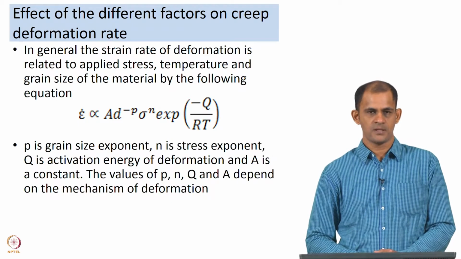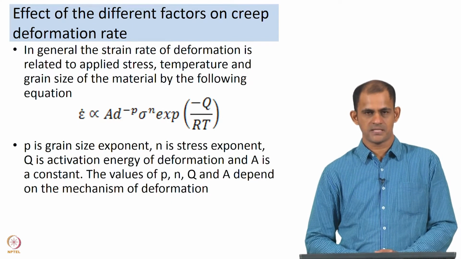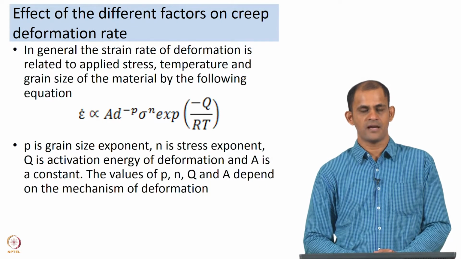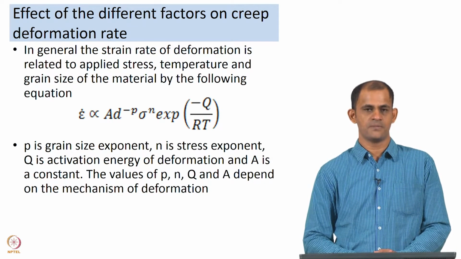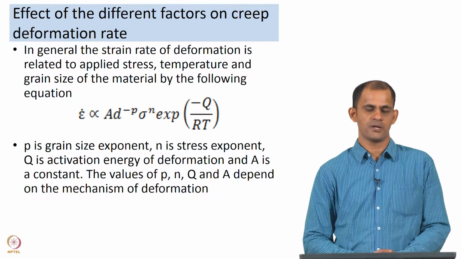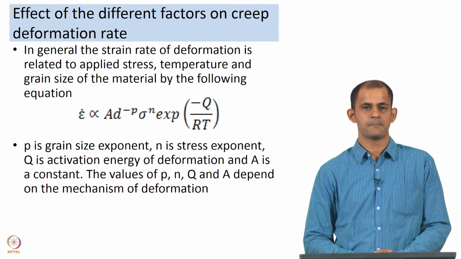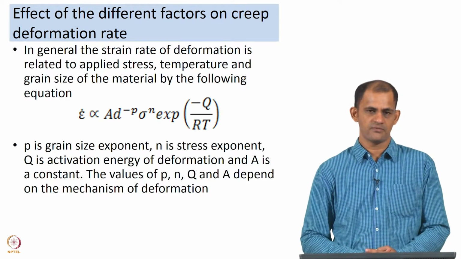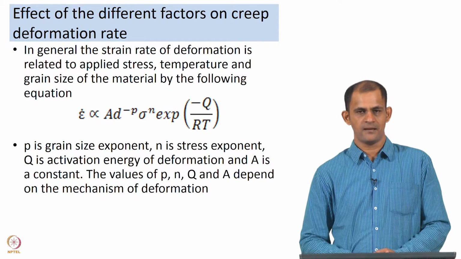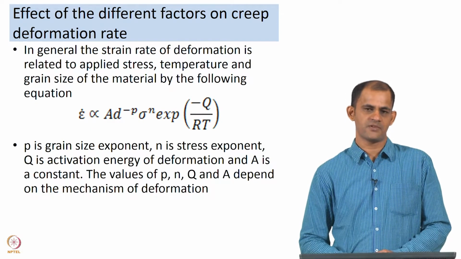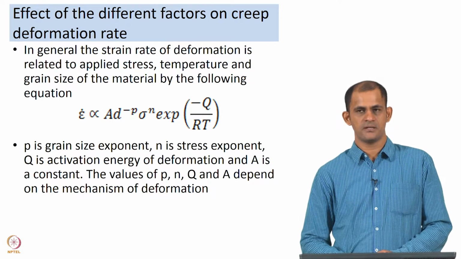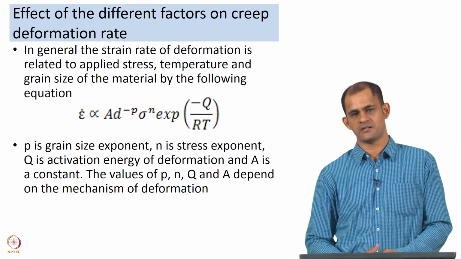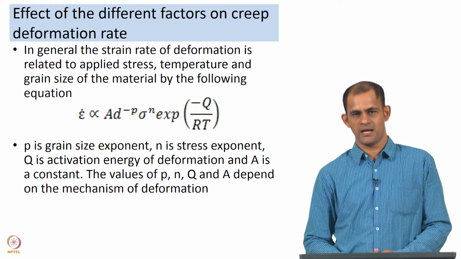and A is a constant. Now, what people have observed is that the values of p, n, Q and A vary with the mechanism of deformation. So, if your creep deformation is happening by diffusion of vacancies, then you will have a certain set of values for p, n, Q and A, but if your mechanism of deformation is a dislocation based mechanism, then you will have a different set of p, n, Q and A values.